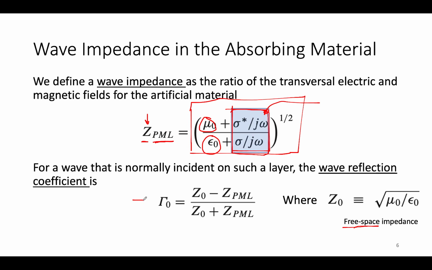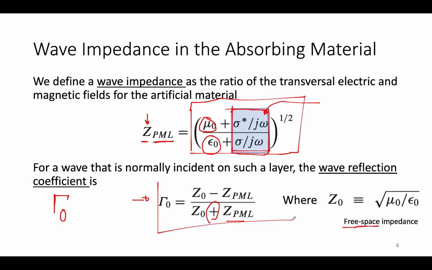So we introduce a wave reflection coefficient that we call uppercase gamma naught, and this wave reflection coefficient is equal to the impedance in free space minus the impedance in the PML, divided by the free space impedance plus the impedance of our PML.